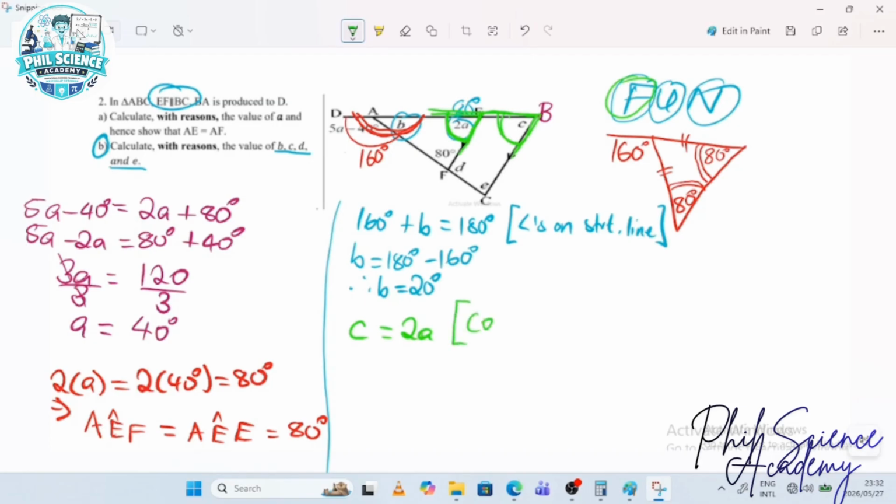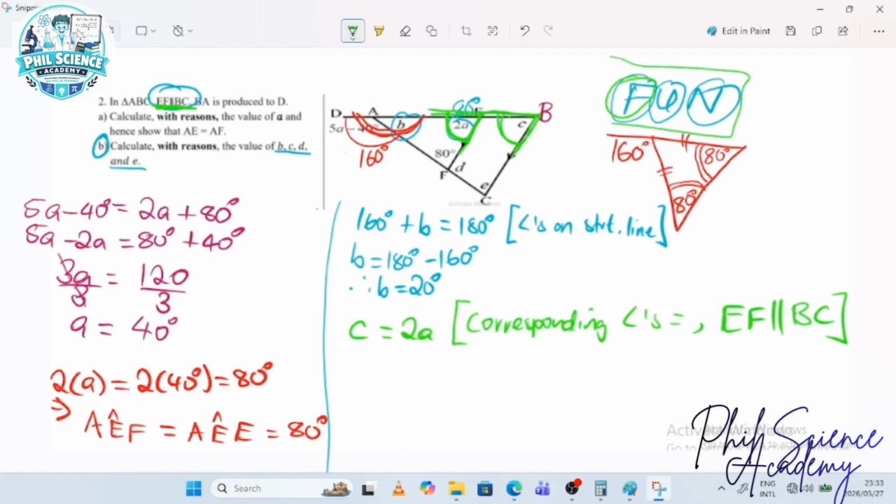Reason: corresponding angles are equal, since EF is parallel to BC.